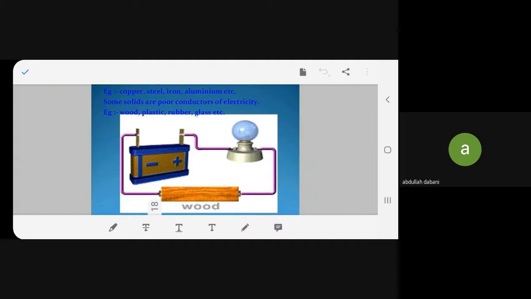So you can take pieces of wood, pieces of iron, pieces of silver, gold, whatever, and do this experiment by completing the circuit. If the bulb glows, it is a good conductor. If the bulb does not glow, then it is a bad conductor. Do you understand?